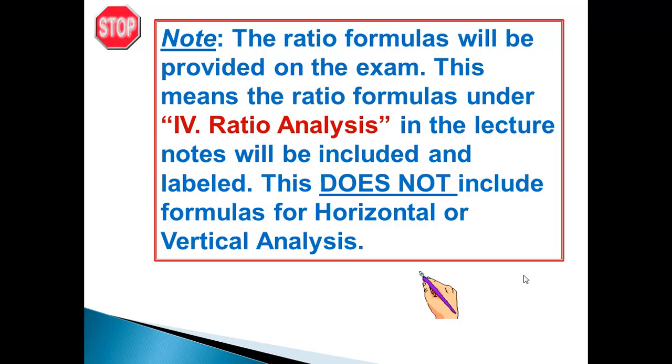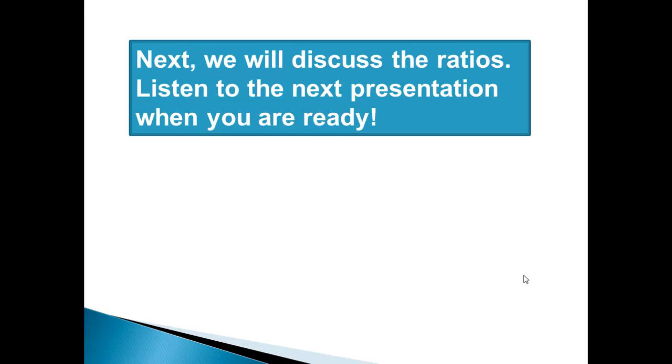This does not include the formulas for horizontal and vertical analysis. So make a note now in your lecture notes so that you will know that as you begin to study for the first exam. Now, as you're ready, go ahead and look at and go through the presentations for profitability ratios, liquidity ratios, and solvency ratios. See you then.